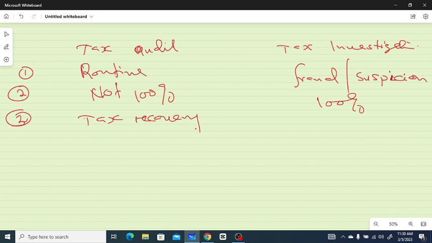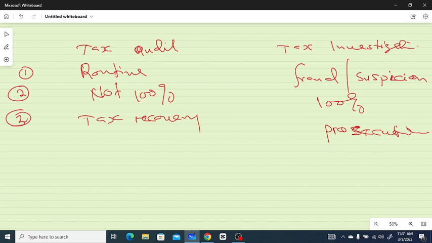It's not only to recover the tax, but you now have to prosecute the people involved in that act.